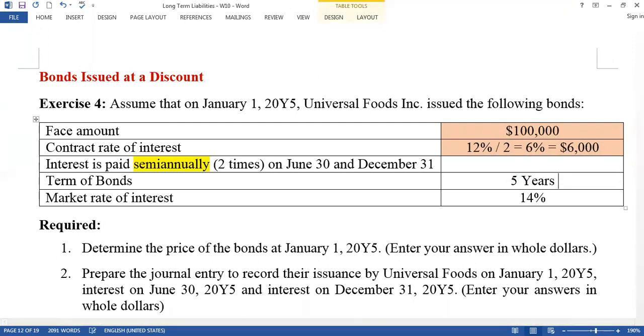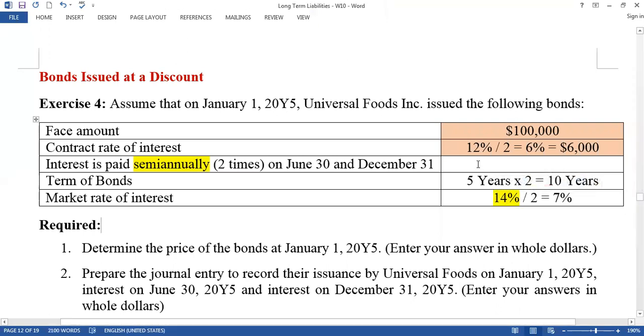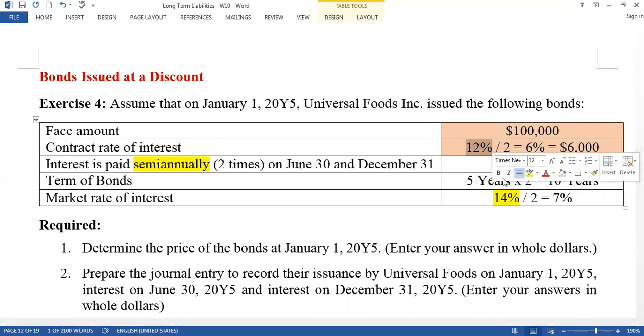Now we convert the compounded time period. We make the compounded time period, right? And we also calculate compounded interest rate for market. This is the market interest rate 14%, and this is the company's interest rate 12%.